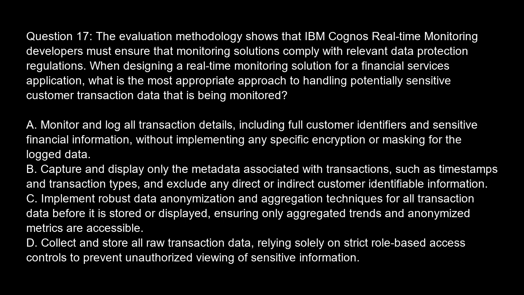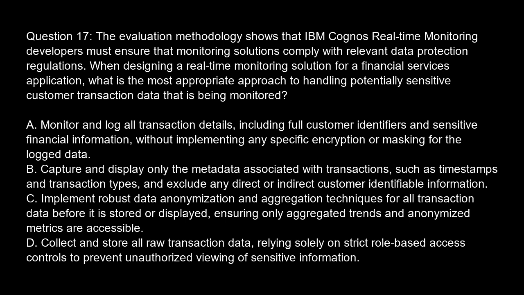Option A. Monitor and log all transaction details, including full customer identifiers and sensitive financial information, without implementing any specific encryption or masking for the logged data. Option B. Capture and display only the metadata associated with transactions, such as timestamps and transaction types, and exclude any direct or indirect customer identifiable information.